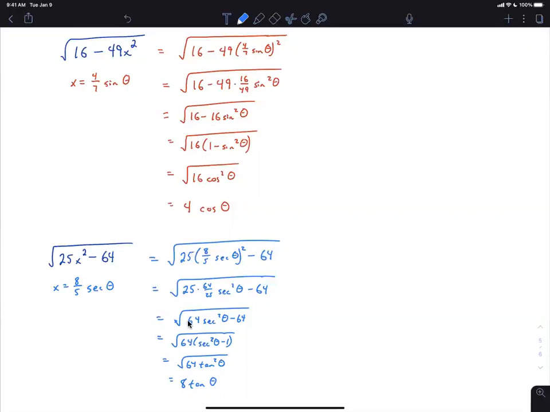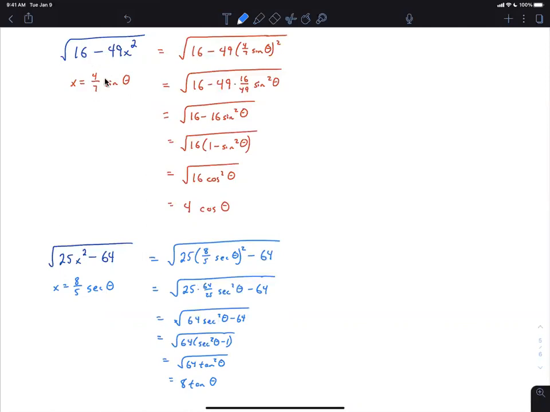And then down here, I needed these both to end up as 64. Well, if you're looking at this original problem, by plugging something in for x, you're able to manipulate the coefficient that's on the x. So I put a 7 in the bottom because I wanted to get rid of the 49. And I put a 4 in the top because I wanted to end up with 16. Does that make sense to everybody?